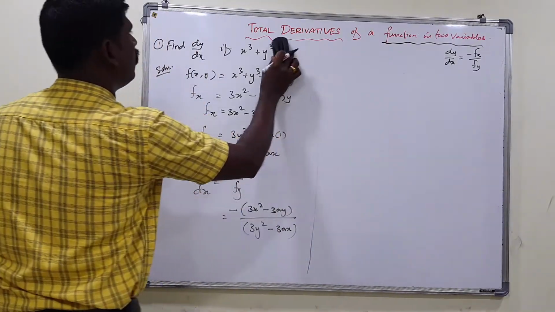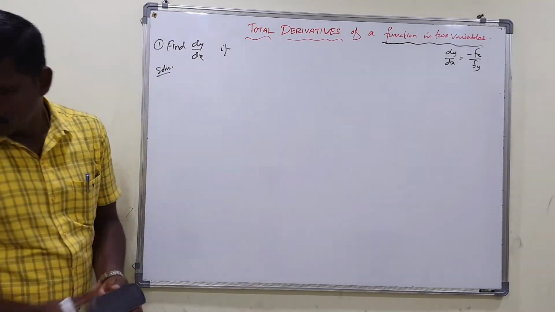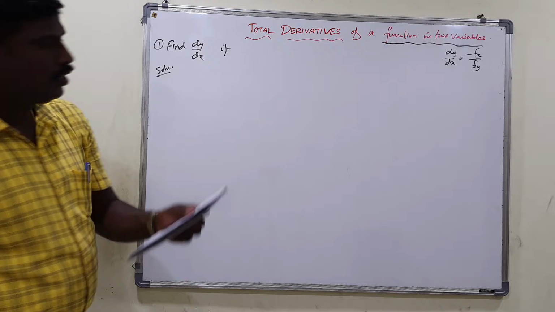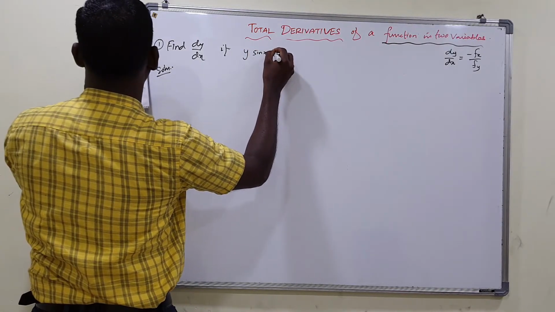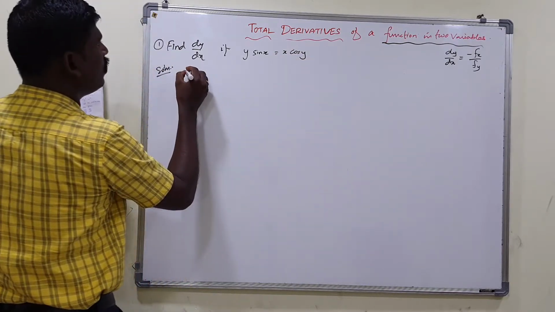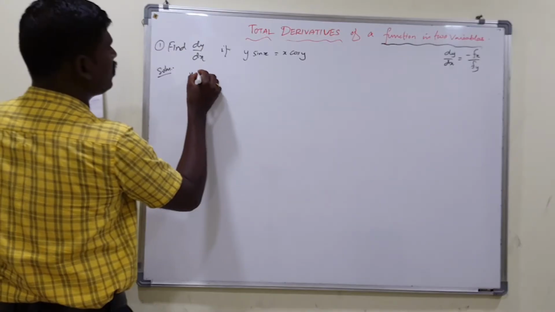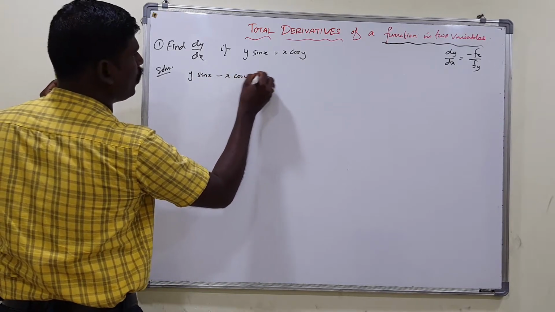Next problem. Find dy by dx if y sin x equal to x into cos y. So take it to the left hand side, y sin x minus x into cos y equal to 0.